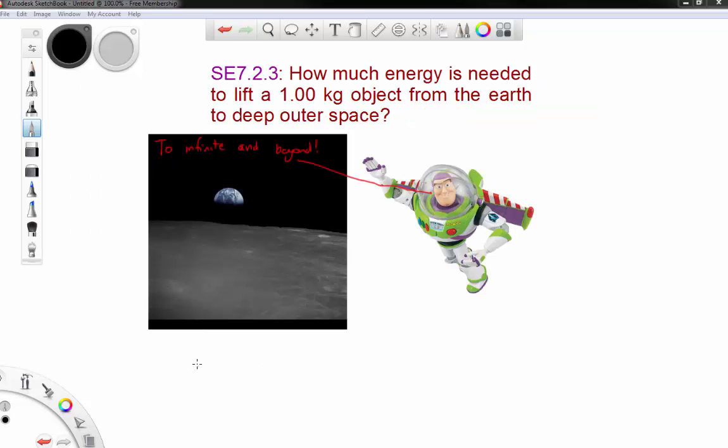Okay, so basically we are going to have some change in energy due to gravity, delta E sub g, and that is going to be E g final minus E g initial.